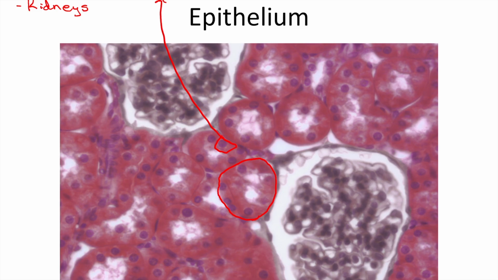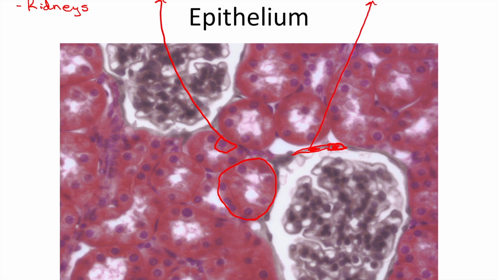Also found within the kidneys, you have capillary beds and structures that surround the capillary beds called the renal capsule. This renal capsule is made up of a single layer of thin, flat cells called simple squamous epithelium.